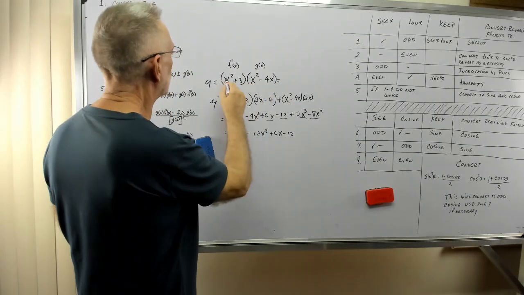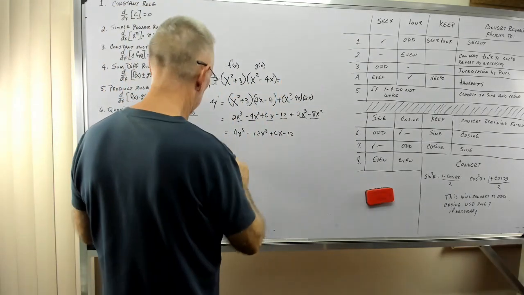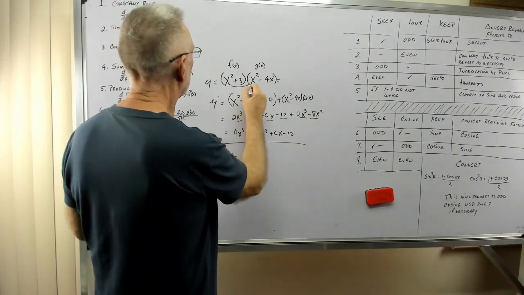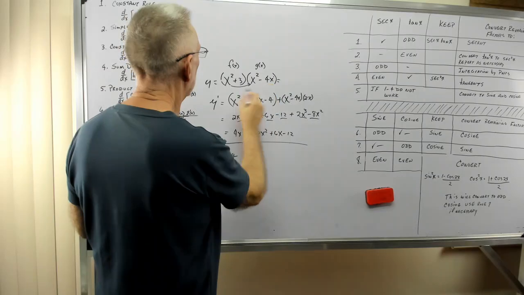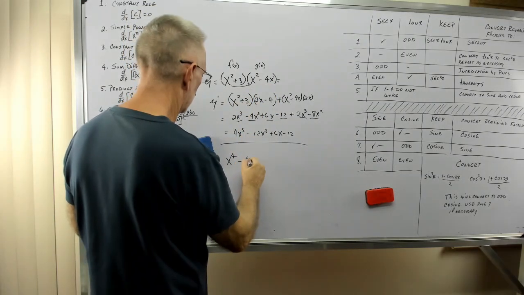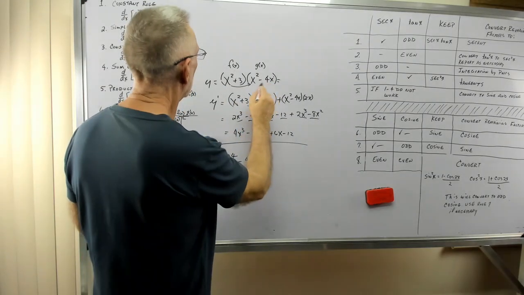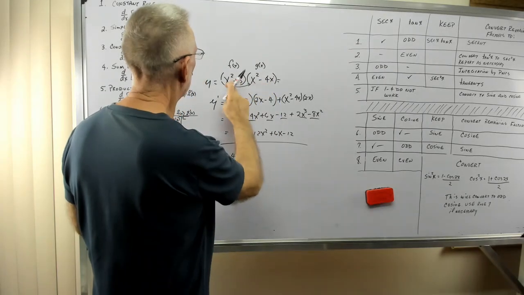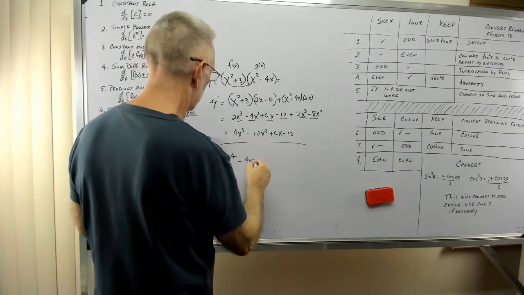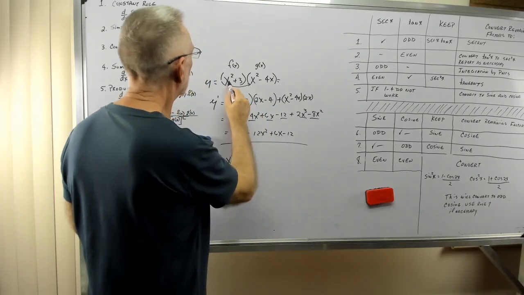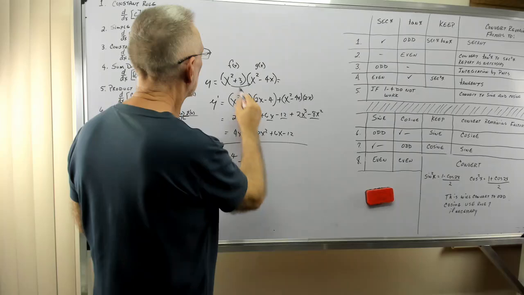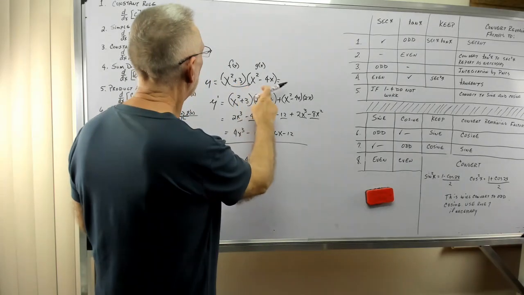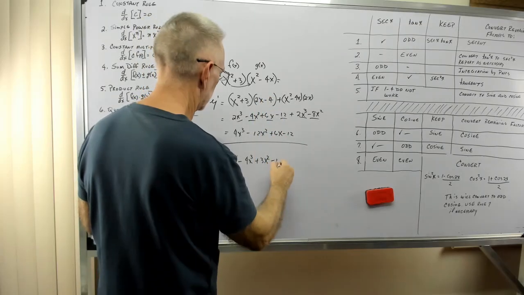All right, x squared times x squared is x to the fourth. That's this term. Minus 4x times x squared is minus 4x cubed, plus 3x squared minus 12x.